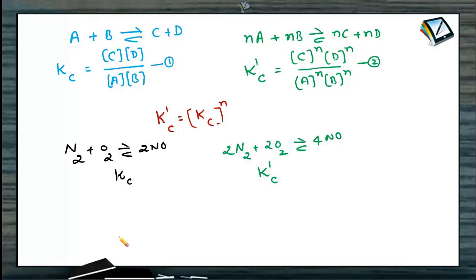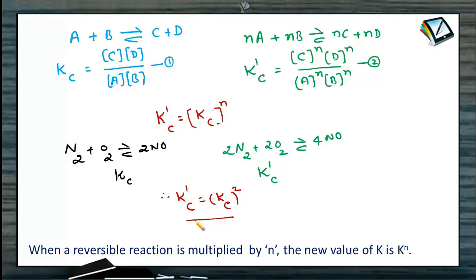Do you know the answer? K'c is equal to Kc to the power of 2. It will become K'c is equal to Kc to the power of n. Thus, when a reversible reaction is multiplied by n, thereby we get a new system, then the new value of K is K to the power of n.